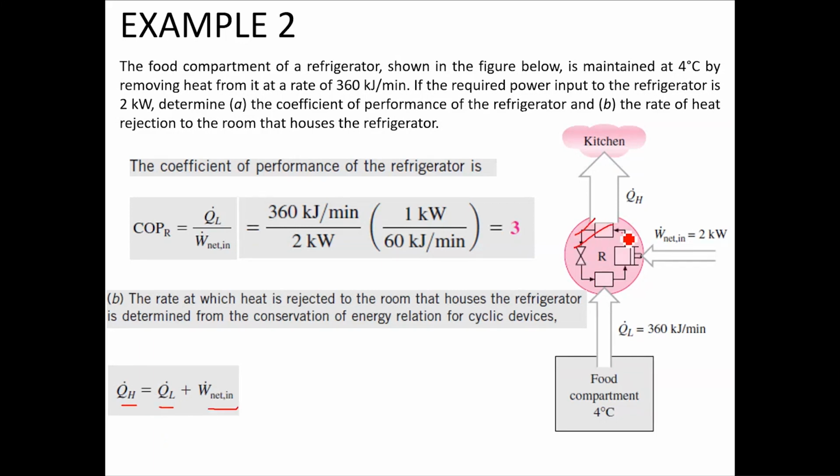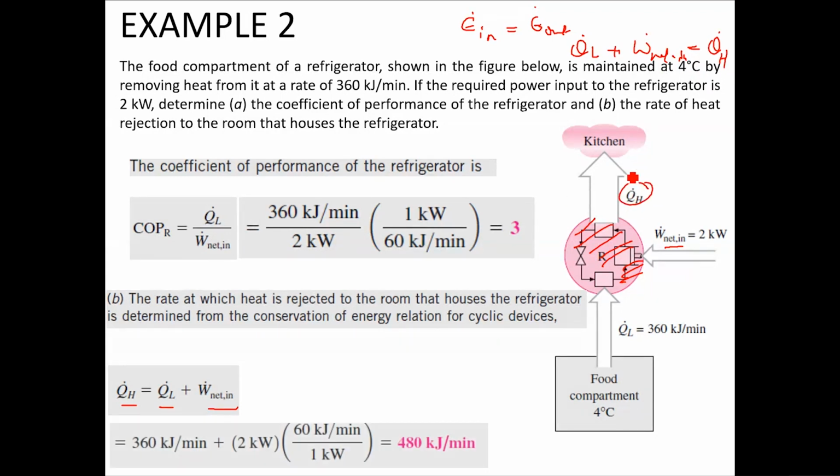So Q dot H is essentially Q dot L plus work dot net in. If you consider this as a closed system, the rate at which energy is coming in is equal to the rate at which energy is going out, since you assume it is working under steady state conditions. So the energy coming into the system is Q dot L plus work dot net in, which is equal to the energy leaving the system, Q dot H. If you plug in the values, you have 360 kilojoules per minute.